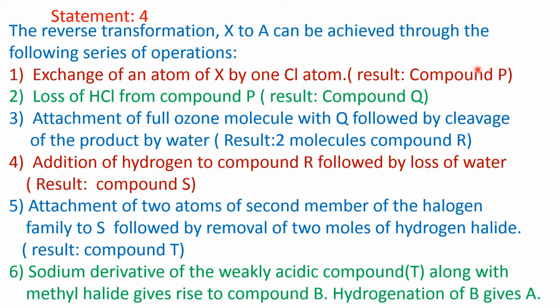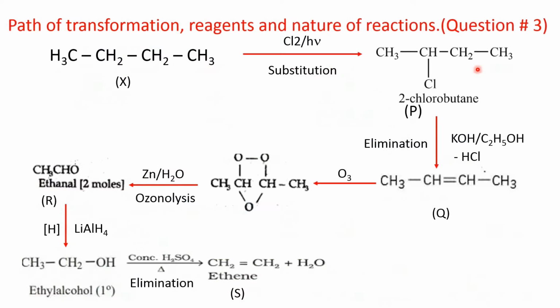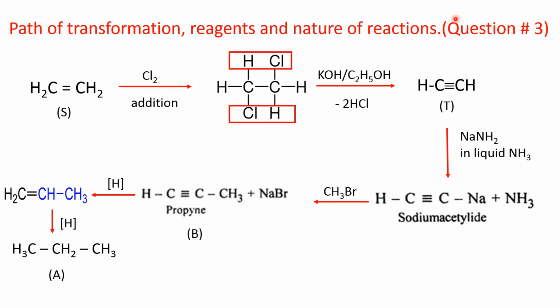Now, sixth point. Sodium derivative of the weakly acidic compound T along with methyl halide gives rise to compound B, and hydrogenation of B gives A. So, this is our compound T, which is the ethyne.